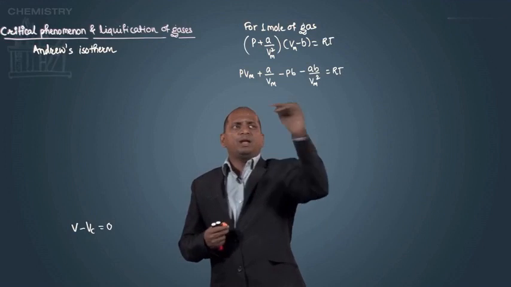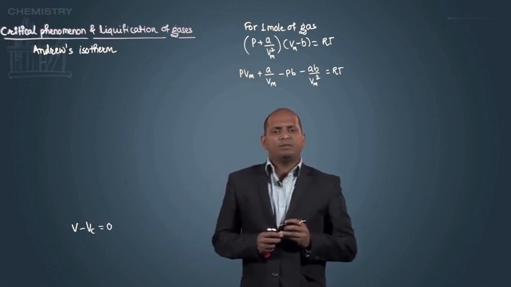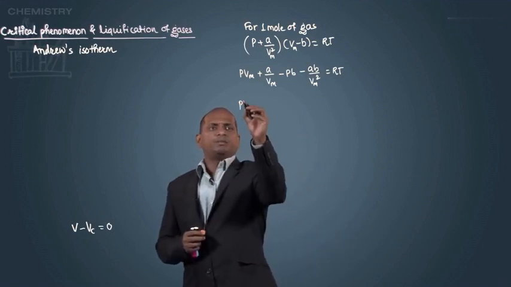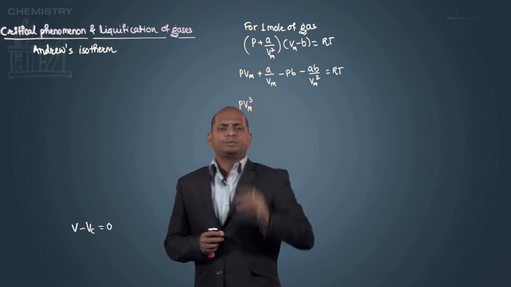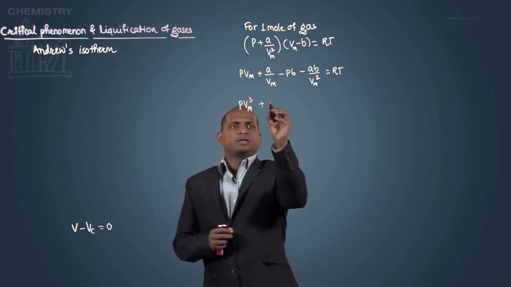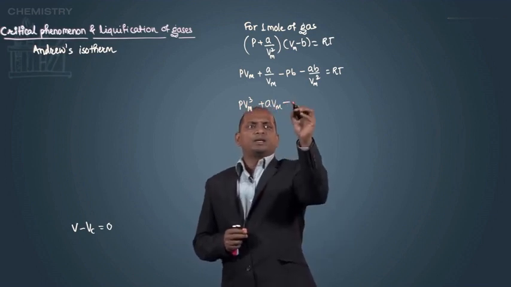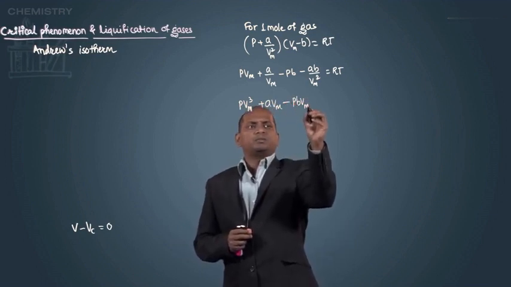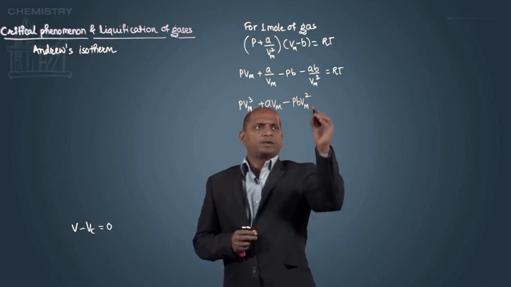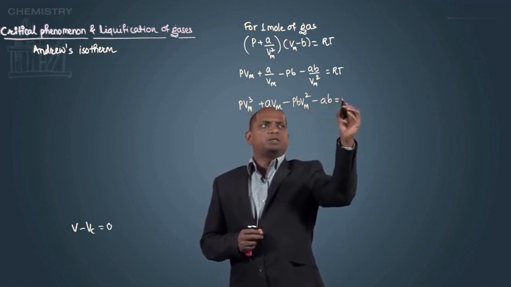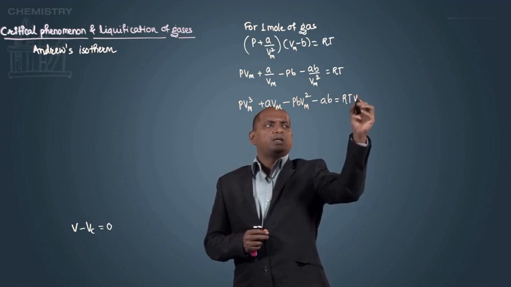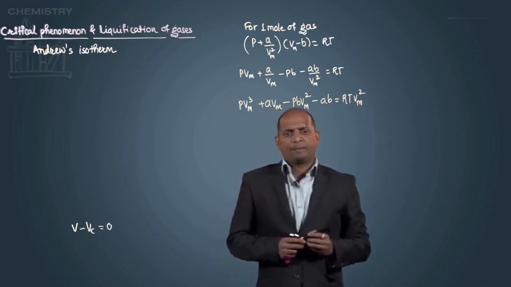Multiplying this equation by Vm square, we have PVm cube plus aVm minus PbVm square minus ab is equal to RTVm square.